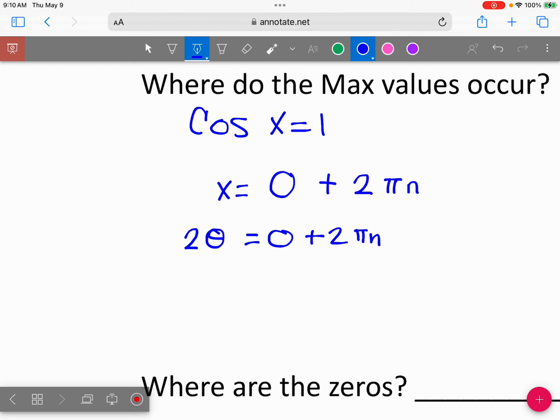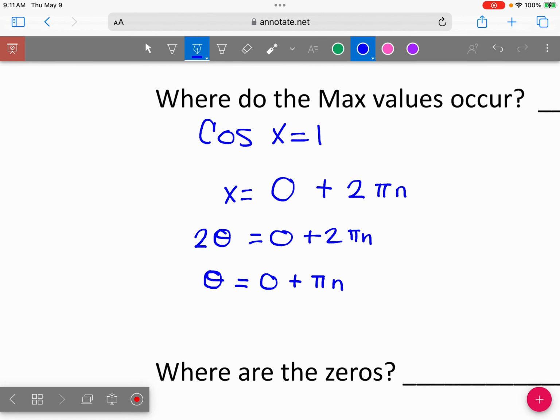So that's going to happen if we divide both sides by 2. Our theta is going to be 0 plus pi n. So our cosine is going to equal 1 whenever theta is 0 or pi or 2 pi or 3 pi or 4 pi, on and on for infinity.